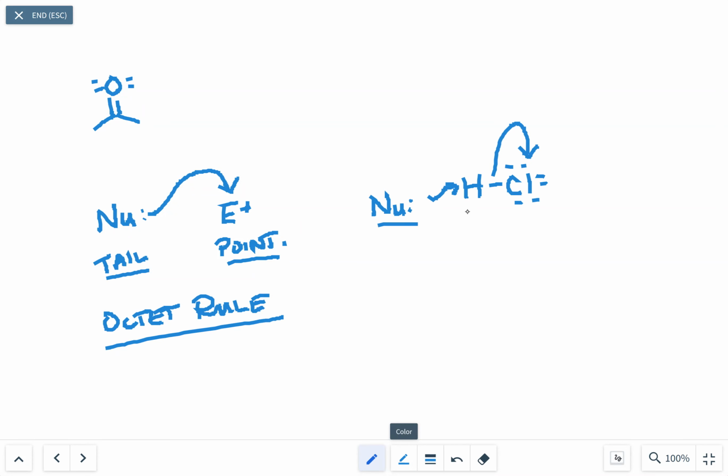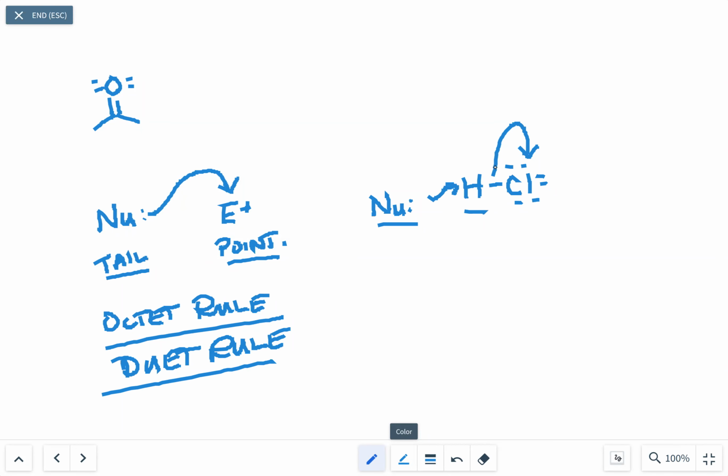So the nucleophile is the tail, the point's on H. But hydrogen can only have 2 electrons, so it's going to follow the octet rule, or the duet rule. And we need to break this bond between hydrogen and chlorine.